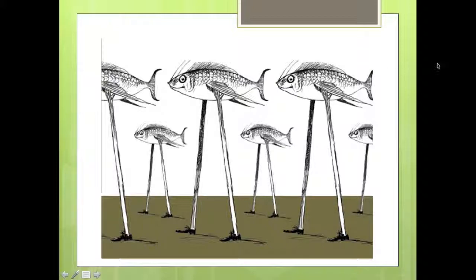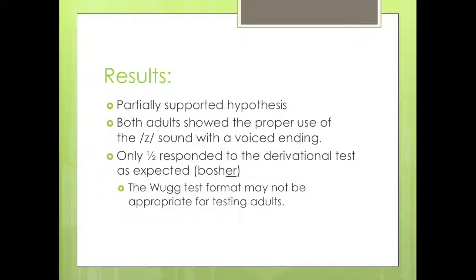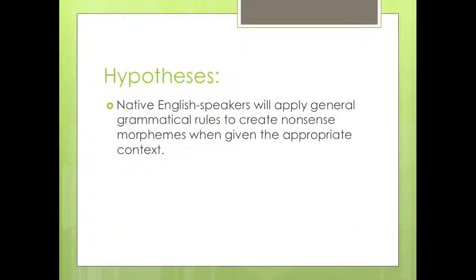I think I stretched this one a little bit, but back to my hypothesis, I was assuming that for inflectional, they'd say glubs, because it's voiced. So I predicted that adults would use the z ending due to the fact that the ending of the word is voiced.